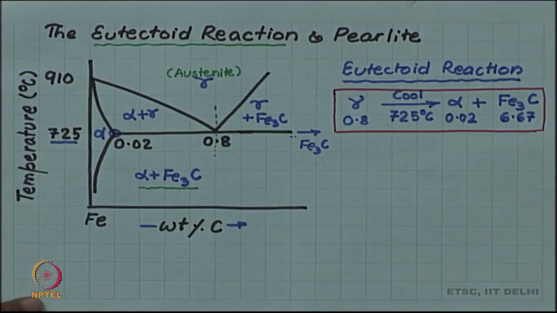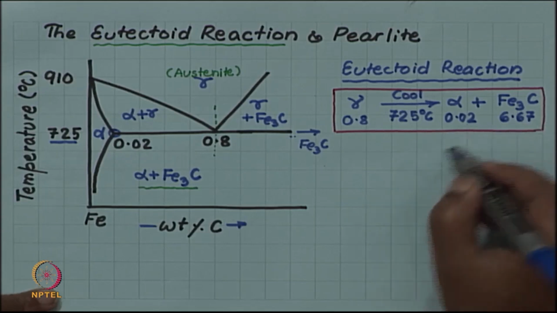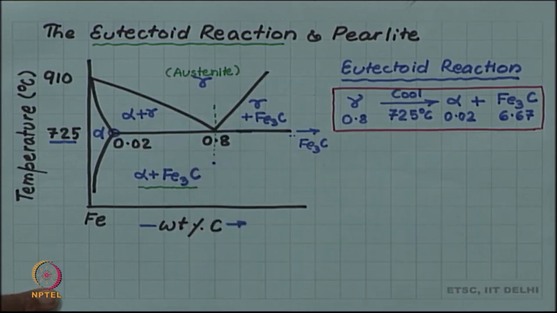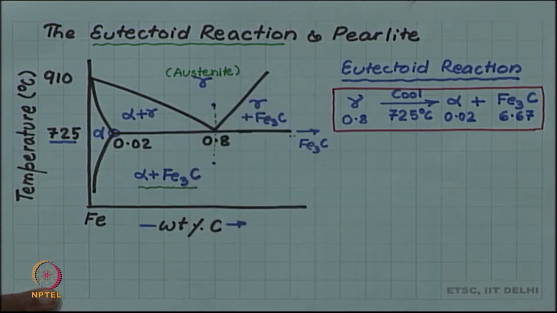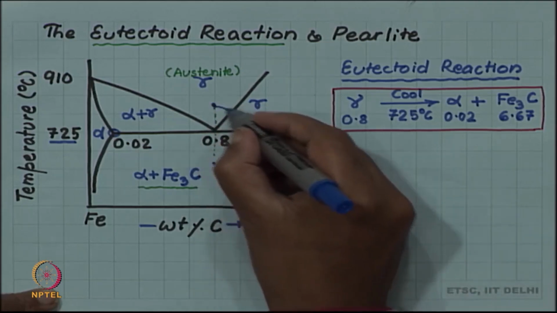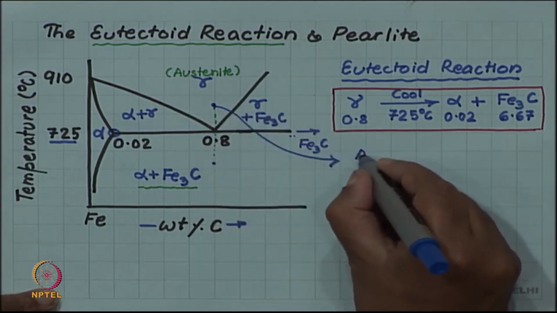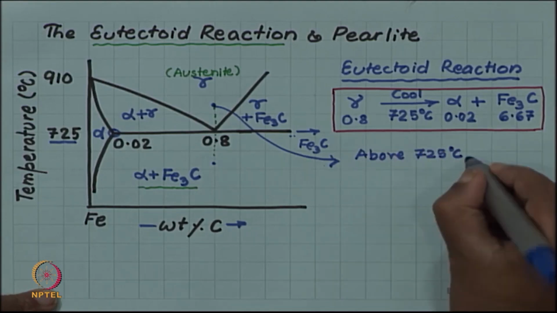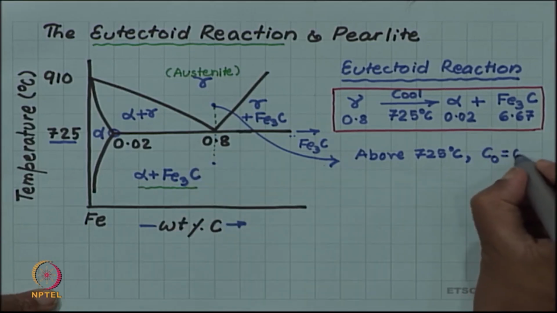Now, what will be the microstructure of the steel which has been cooled through this 725? And we can also talk about what will be the microstructure there. So, in the austenite phase field, that is above 725 degrees Celsius, let us take an alloy of eutectoid composition, which is 0.8.